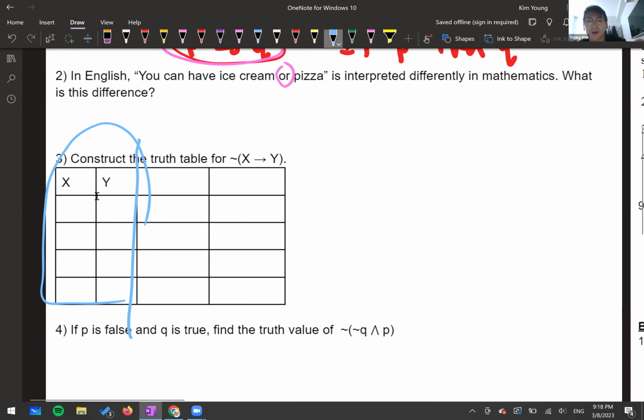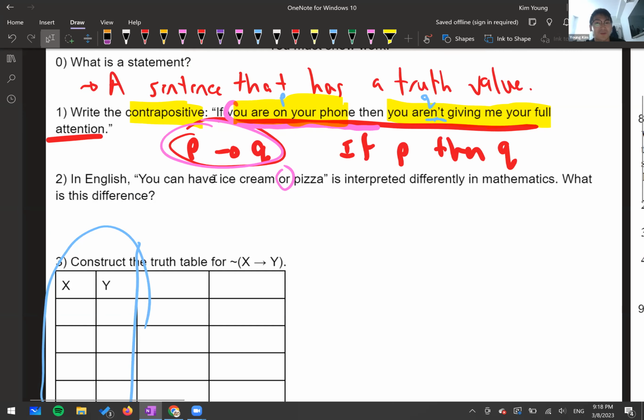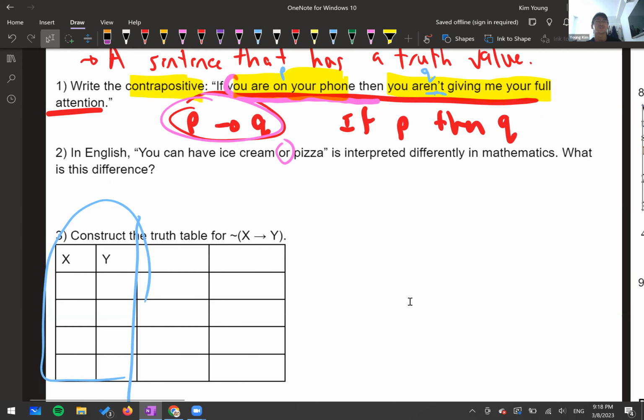Also, this problem's a little more annoying because usually, for statements, for some reason, the letter P and the letter Q are the most common representatives for statements. It's like, when you first learn math, algebra, they use X and Y to represent things, right? For functions and stuff like that, variables, right?